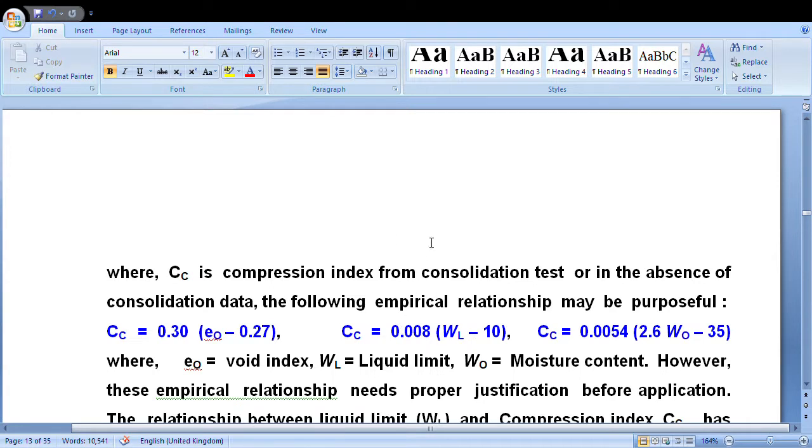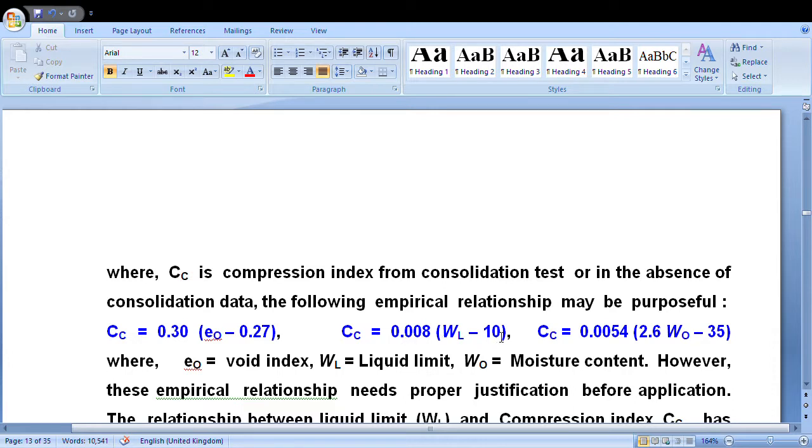In case of void ratio 1, it will be very soft, so the equation may be valid. But if the void ratio is very low, that means the soil is very hard, then this equation is not valid properly.